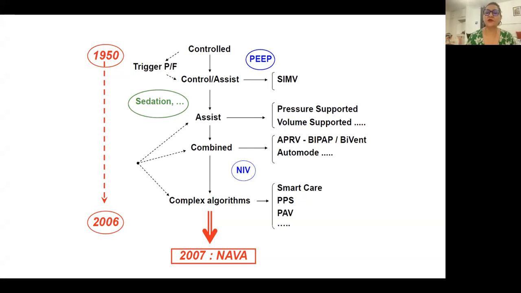which is like pressure supported and volume supported. And then we also added pressure support ventilation, which is a different modality altogether. Then we thought, oh, we are giving either pressure or volume, so we might cause volume trauma when we are using only pressure support, or pressure trauma when using volume support.